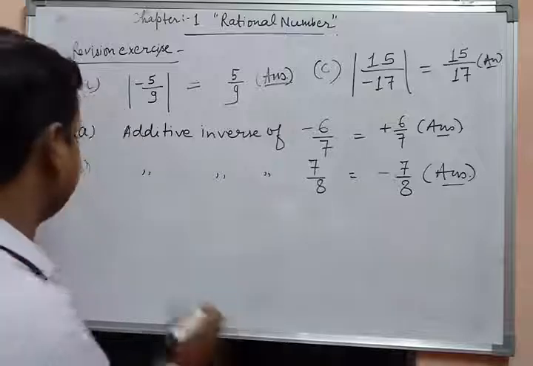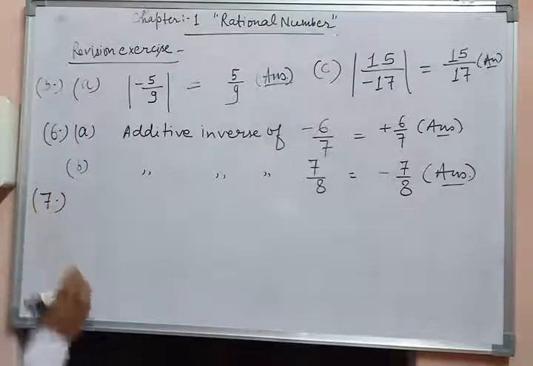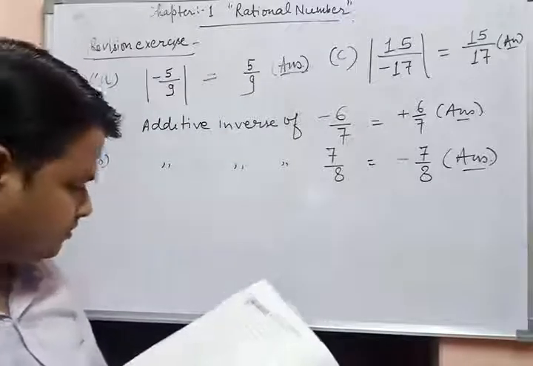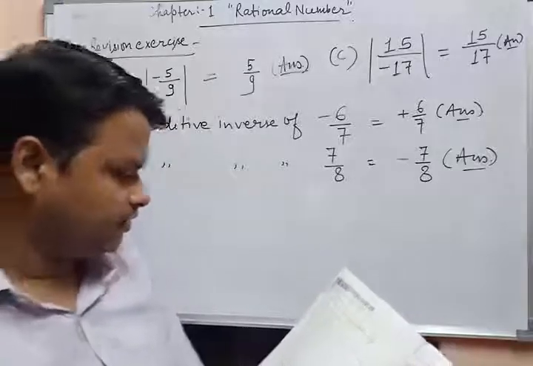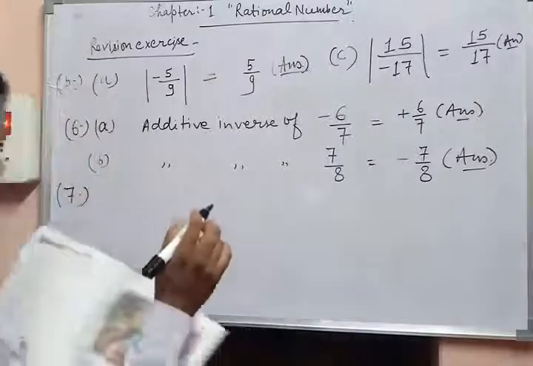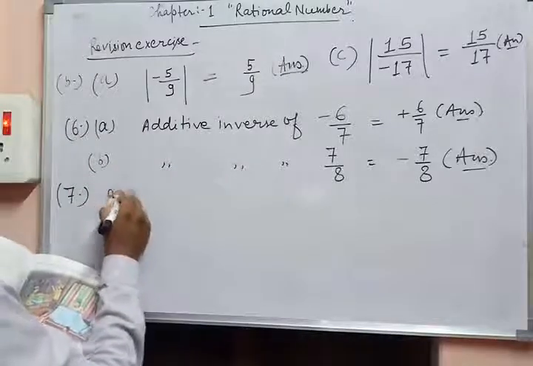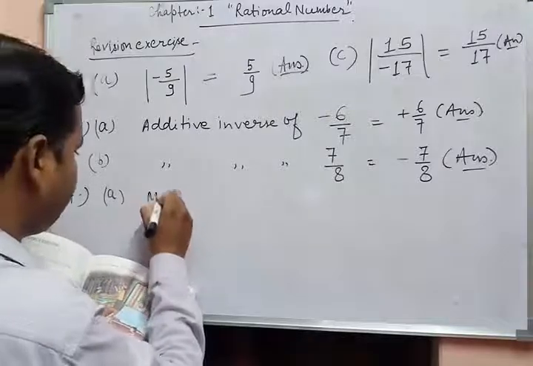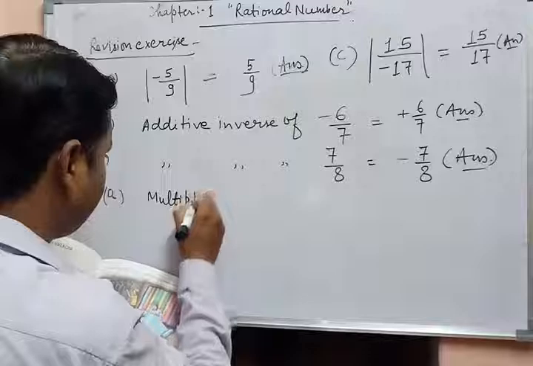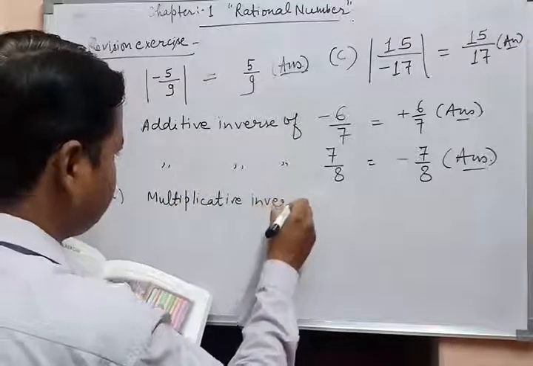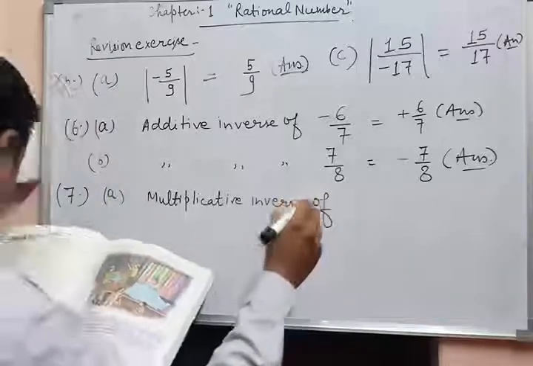Now we have to move on to question number 7. Question number 7 is saying: find the multiplicative inverse of the following. Question number 7, A part: multiplicative inverse of -2.